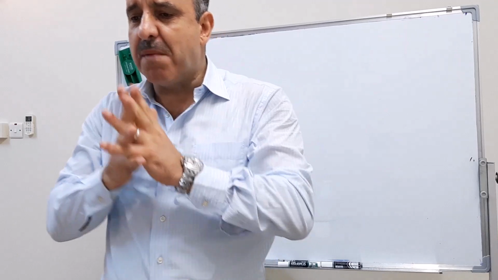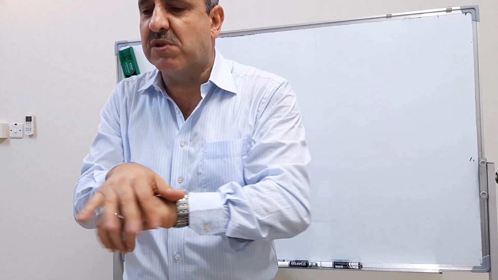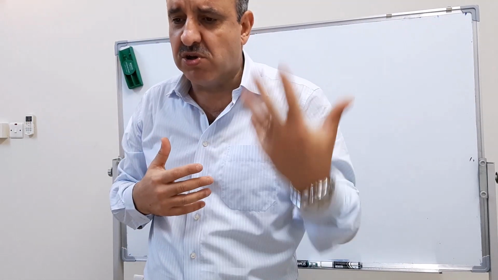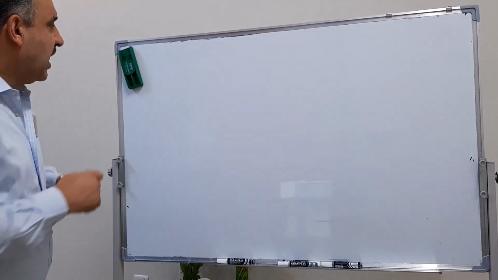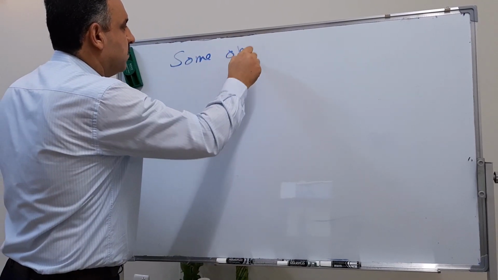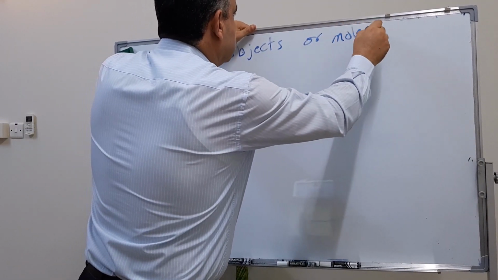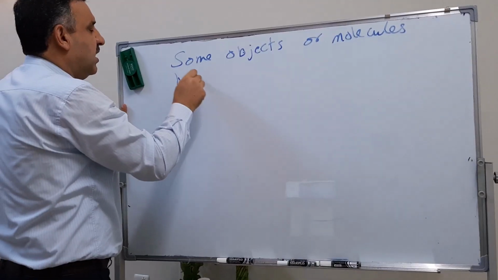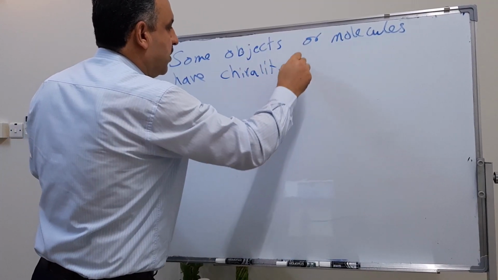So this is what we have. Some objects have this property. This property is what we call chirality. The whole chapter is about this property. Do you follow me? So in life, some objects or molecules have what we call the chirality property.